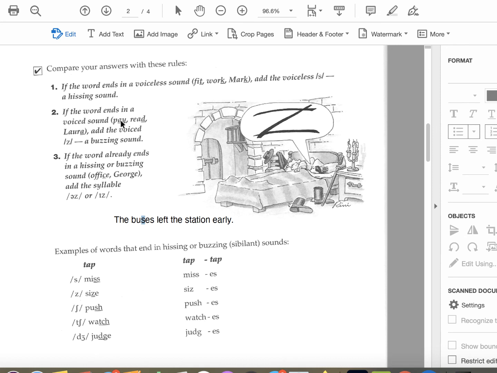But if it ends in a voiced sound like pay, read, then we're just going to add the buzzing sound, pays, reads. But if the word already ends in a hissing or a buzzing sound, that's when we add a voiced Z sound, but we make it a syllable, so it becomes offices, Georges, sizes, pushes, okay?